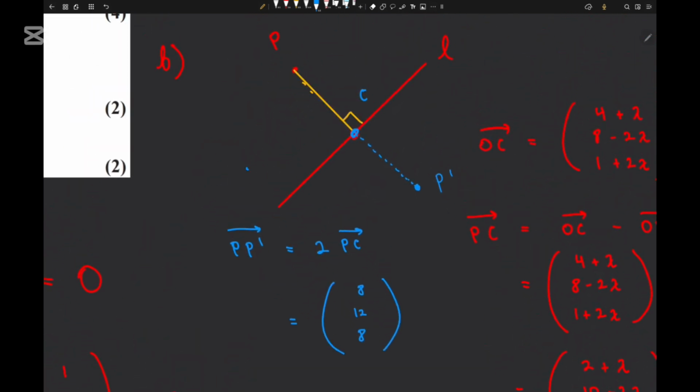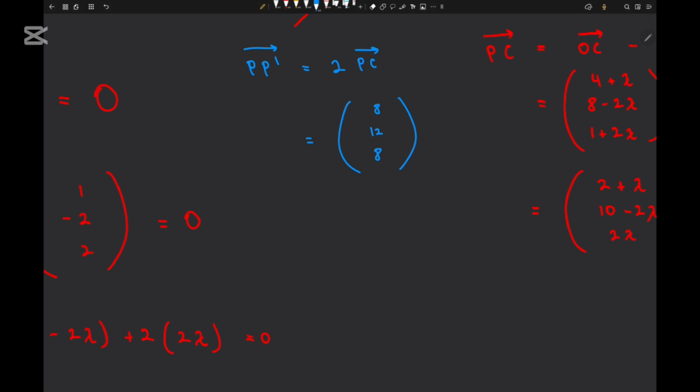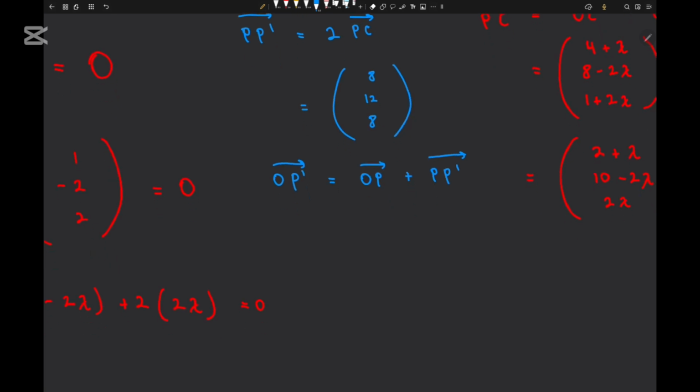So let's assume that point O is somewhere around this part. We can say that the OP prime vector can be written as the OP vector plus the PP prime vector.